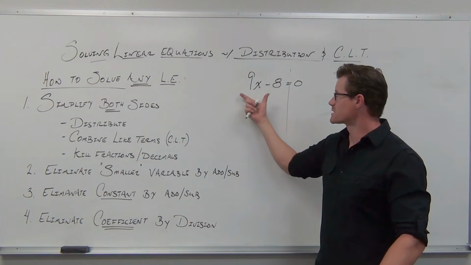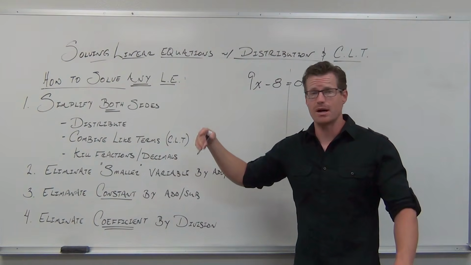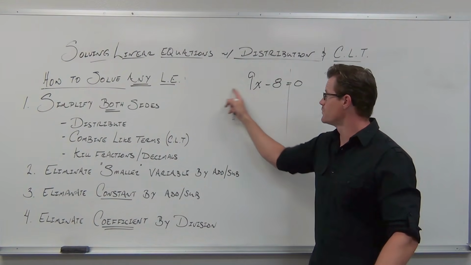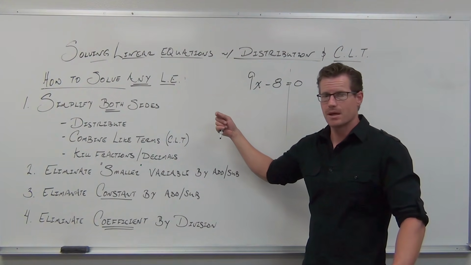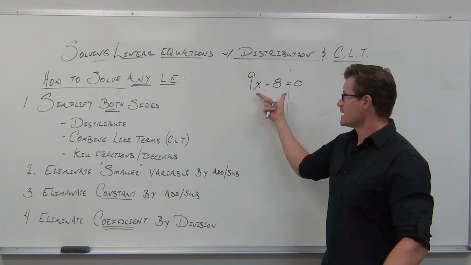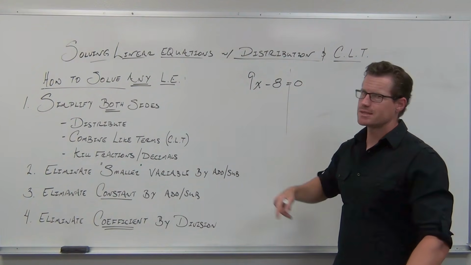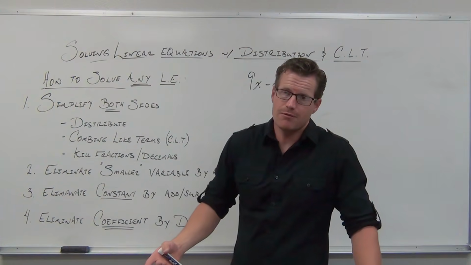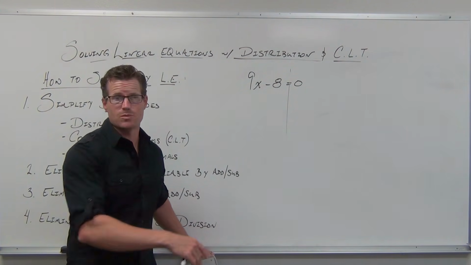Because if they were on the same side, you would have combined them in step 1. That's called simplification. That's combining like terms. We don't have that. If you had two variables at this point after step 1, they'd be on different sides, and you'd have to get rid of the smaller one. We don't have that. So step 2 is accomplished also. We don't have two variables, so there can't be a smaller one.